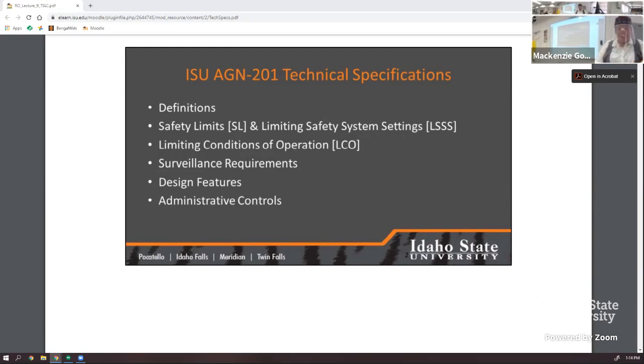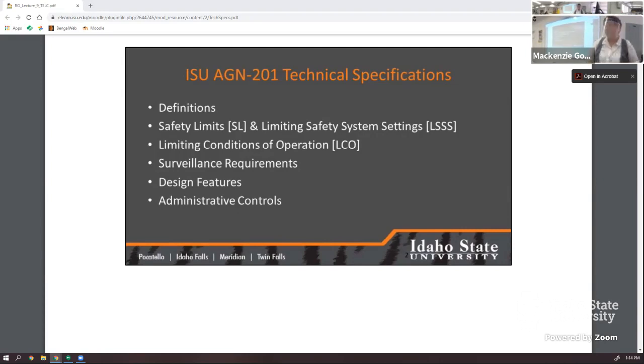Limiting conditions for operations will include our reactivity limits, our limits on experiments, our limits on shielding and radiation monitoring, and the required control and safety systems that have to be operable for us to engage in operation. Okay?